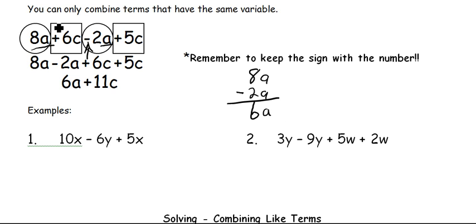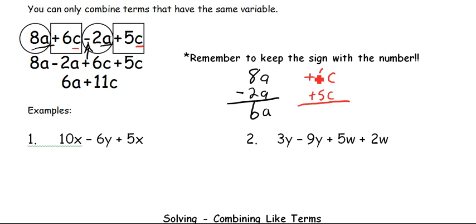And then notice here we have a box around the terms that have a c as a variable. And we'll go ahead and put that c and c. And we've got this box here and a box here. Now we can go ahead and write plus 6c and plus 5c. Okay?